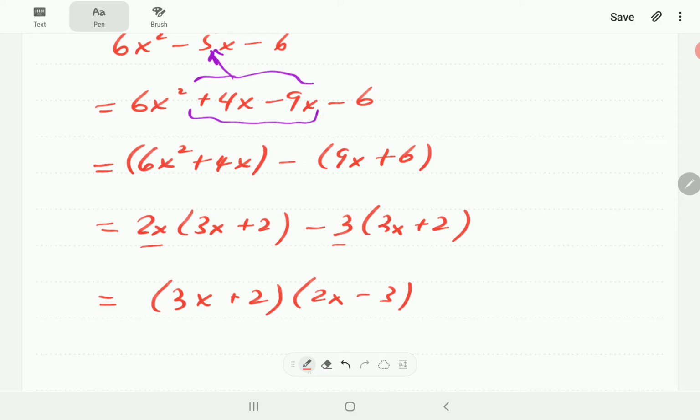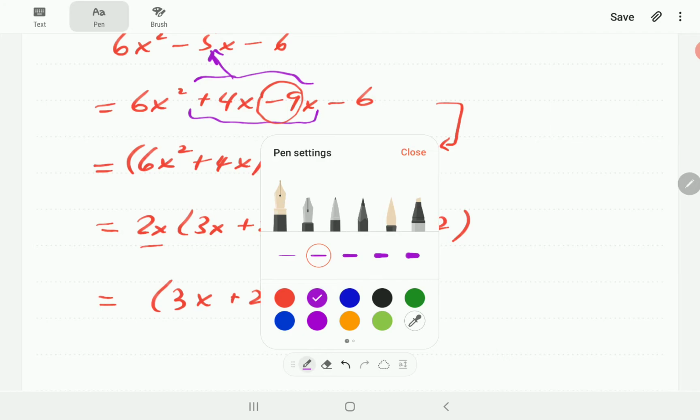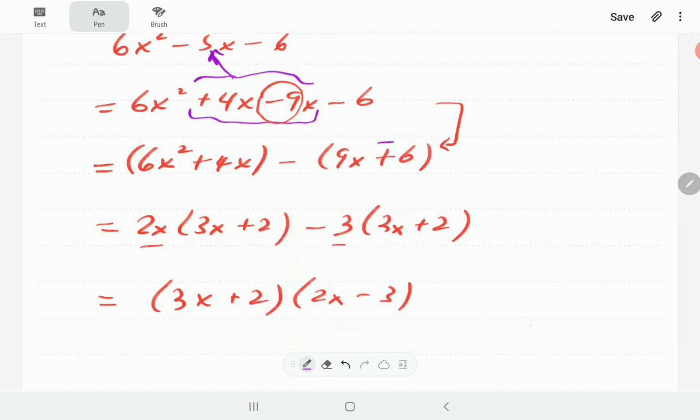Now the step that is usually a problem for most students is this step here, especially if this sign is negative. So most students, you will find, will have negative there, and then the rest of the working is going to be a problem.